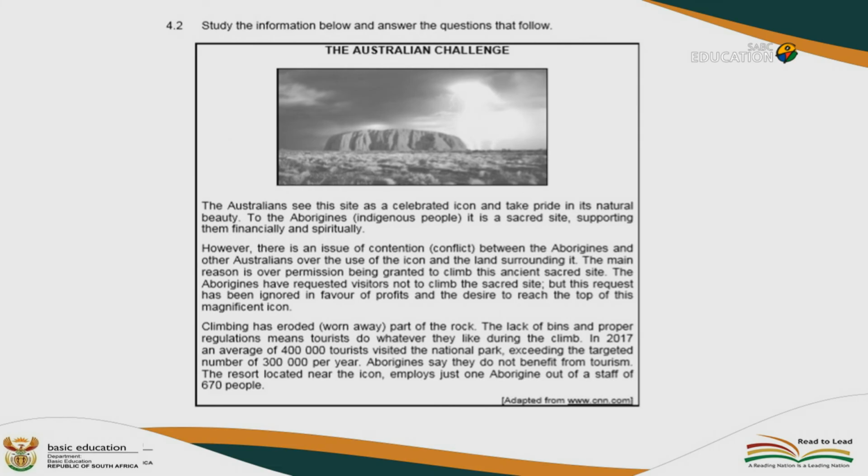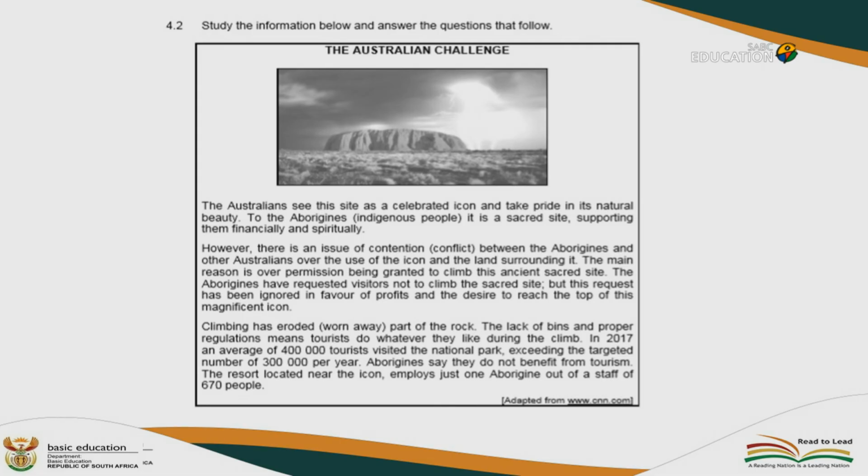Then our second example of a question would be: study the information below in 4.2 and answer the questions that follow. The Australians see the site as a celebrated icon and take pride in its natural beauty. To the Aborigines, indigenous people, it is a sacred site supporting them financially and spiritually.